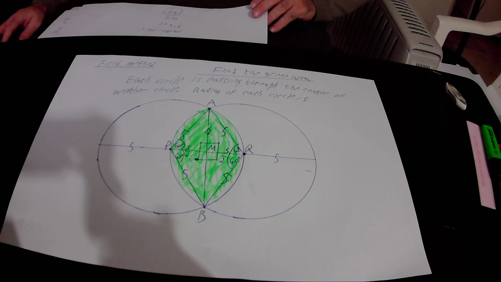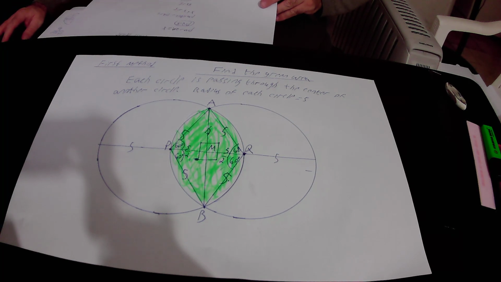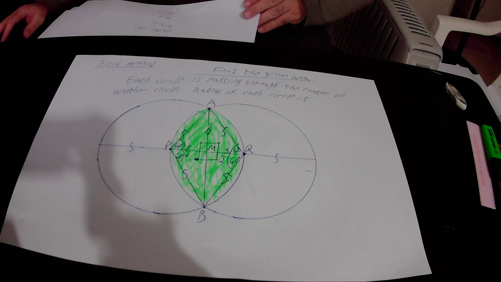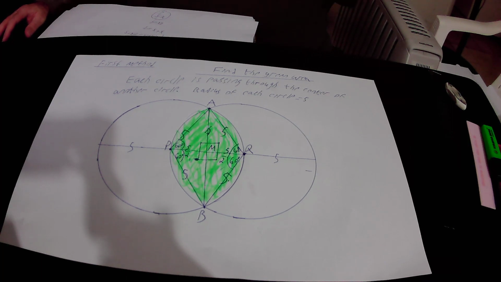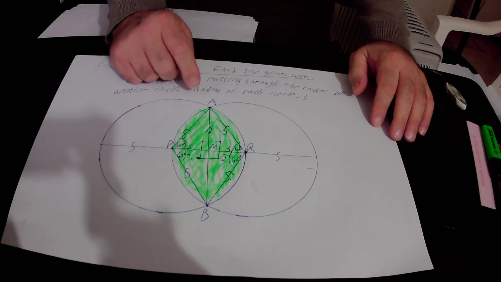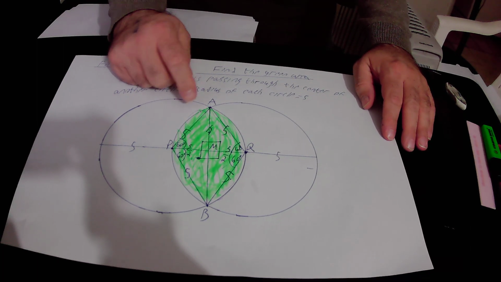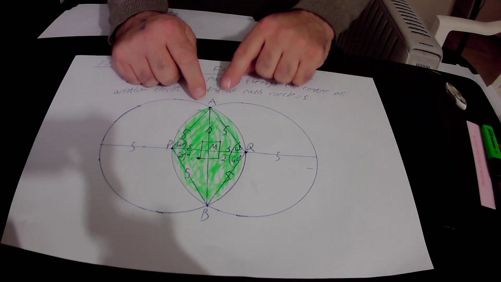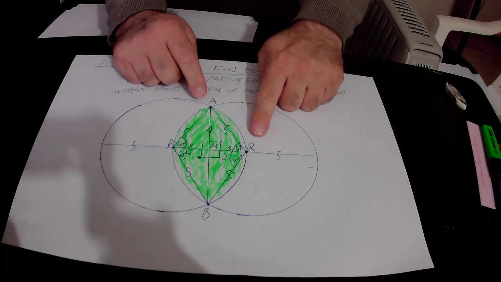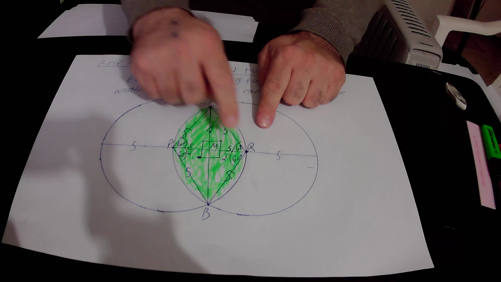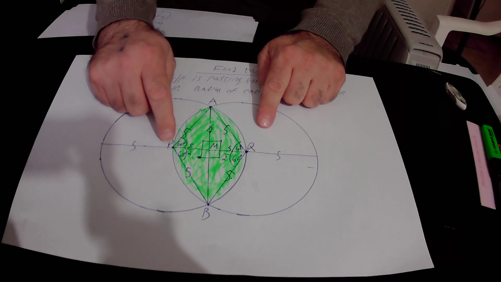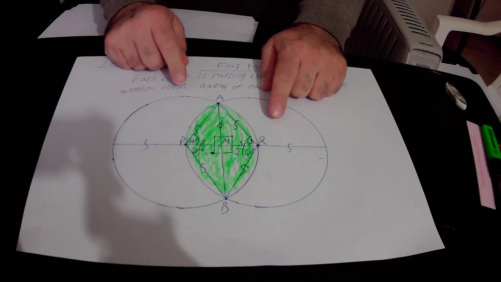And first of all, we join together points A and P by a straight line, points A and Q by a straight line. We join together points B and Q by a straight line, and point P and B by a straight line.